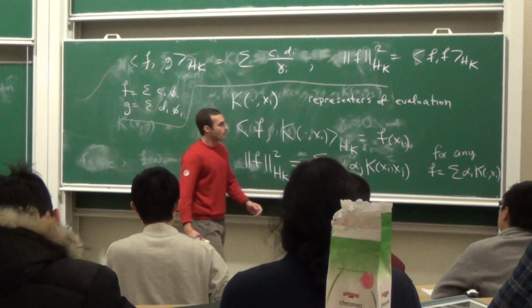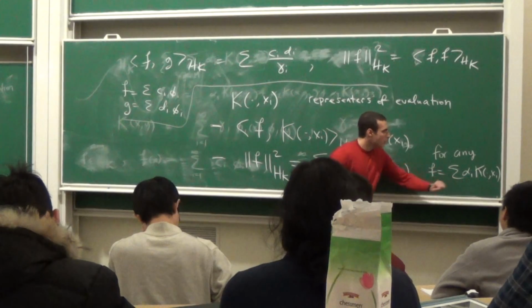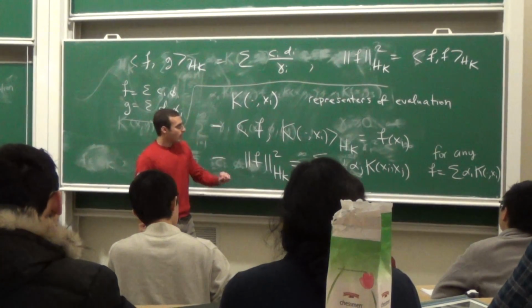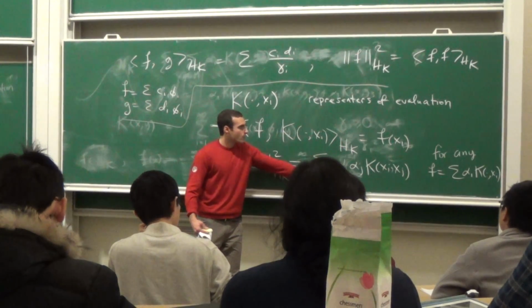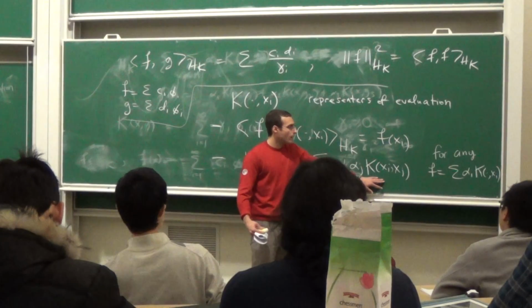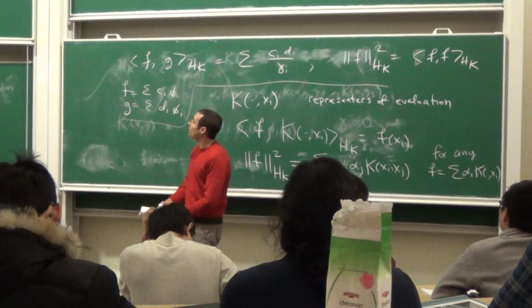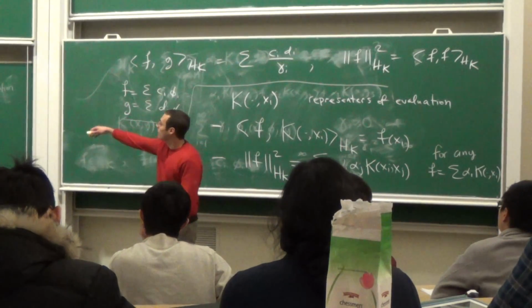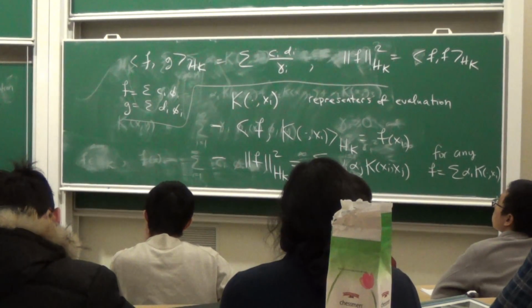So if I take linear combinations of just these guys and call that function f, then its norm is going to be just like this: the sum of alpha_i alpha_j K(x_i, x_j). And that's just alpha transpose K alpha.